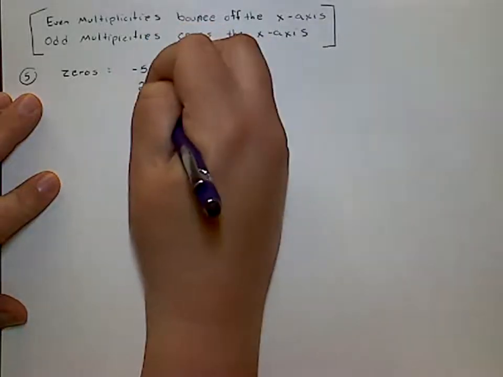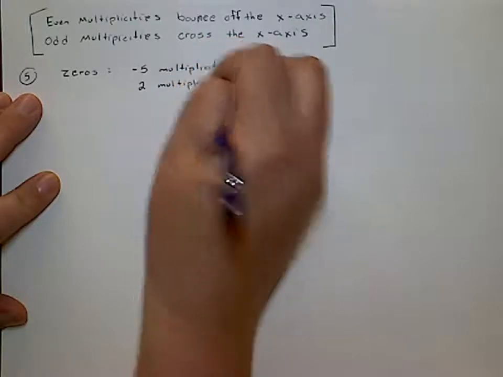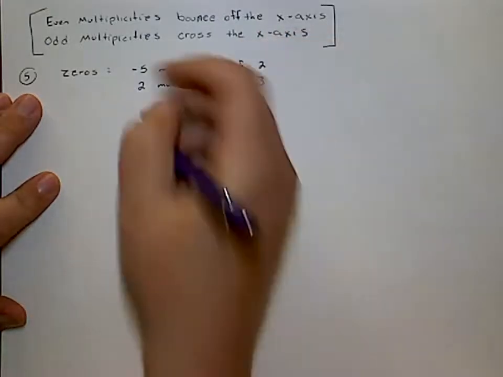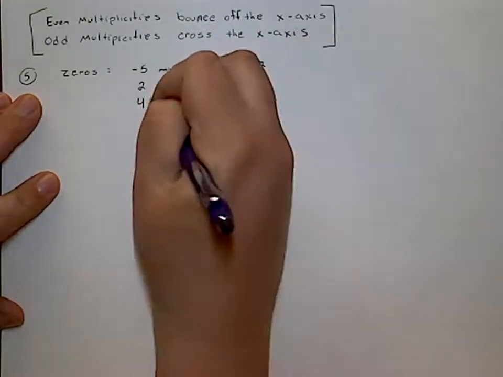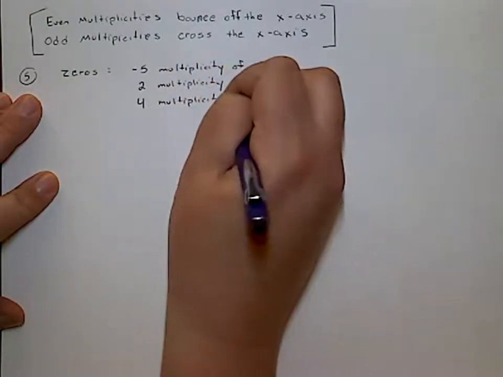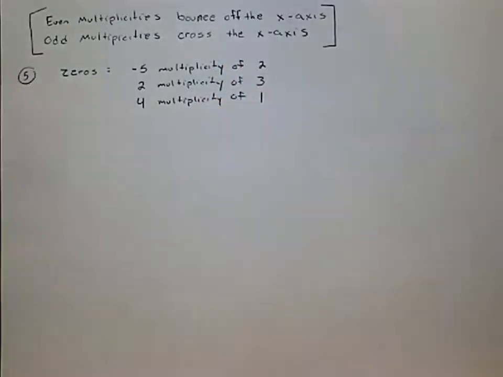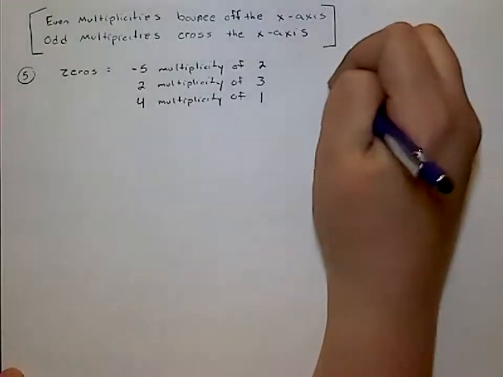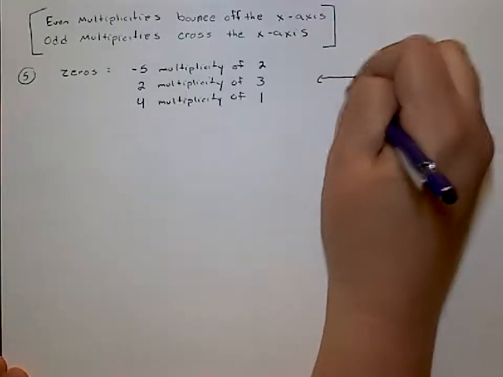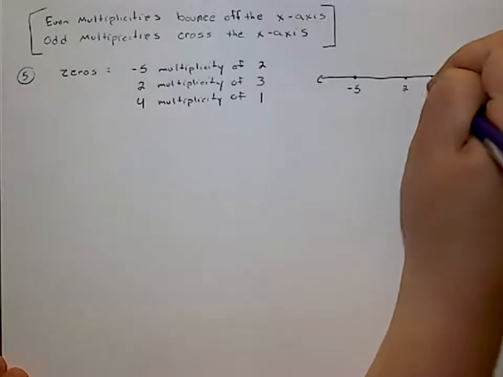It has a 0 of 2, but 2 has a multiplicity of 3, and 4, I don't know why I'm writing this, but it has a multiplicity of 1. If it has a multiplicity of 1, you don't have to write that. So what is this going to look like? Let's just follow those rules again. We have something going on at negative 5, something going on at 2, and something going on at 4.